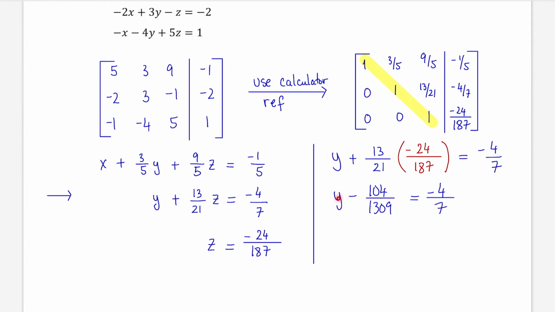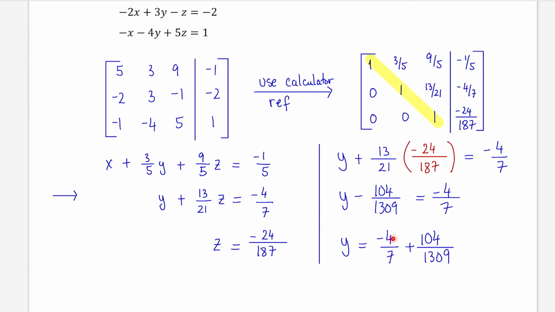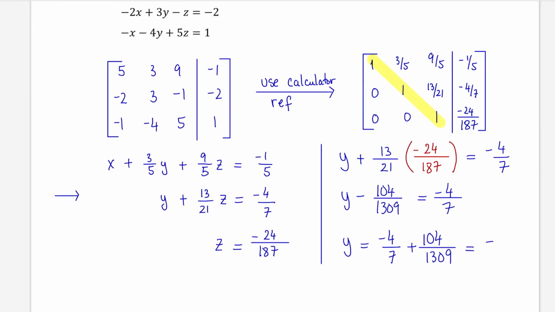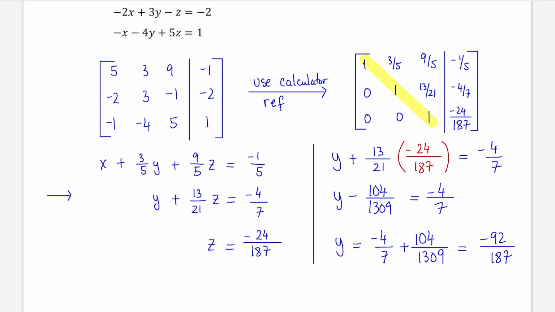And in order to solve for y, I'll just add this fraction to both sides. Negative 4 over 7 plus 104 over 1309 is equal to negative 92 over 187. So I have z and y.